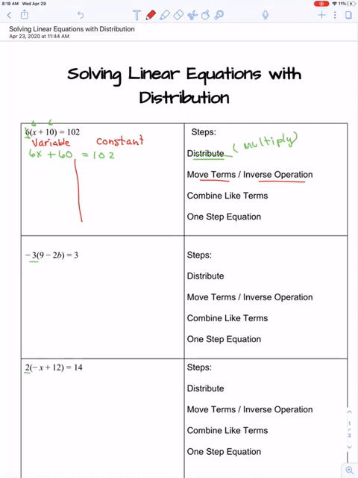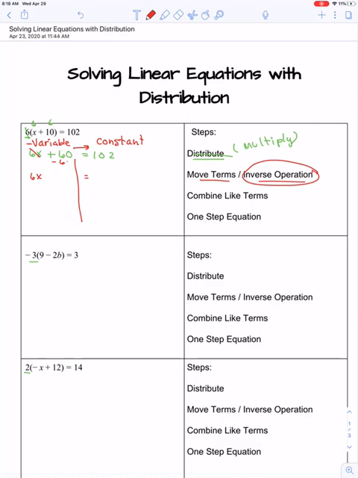So let's look at the 6x. Does 6x have a variable? Yes. So it's going to stay on this side, and here's my equals. Positive 60, does it have a variable? No. So that means it has to move, but to move, it has to do the inverse operation.